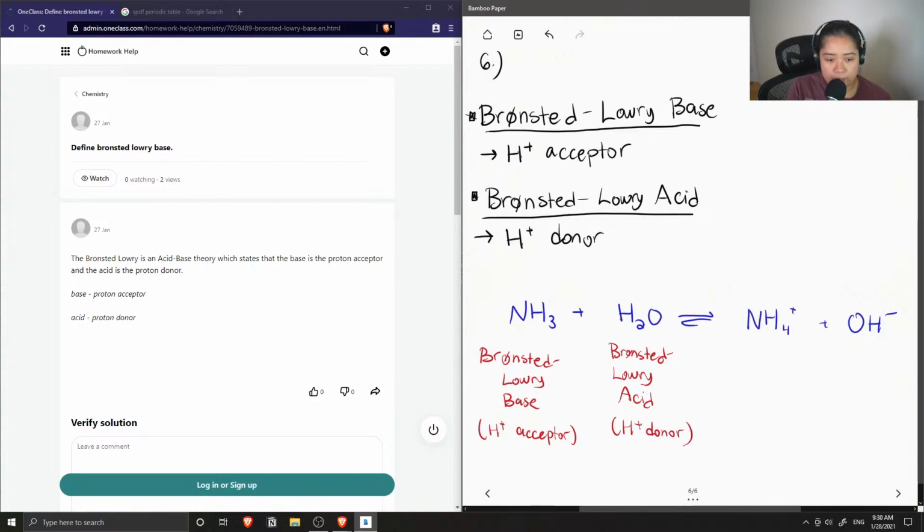Since the water is the one that donated one of its protons to the NH3.